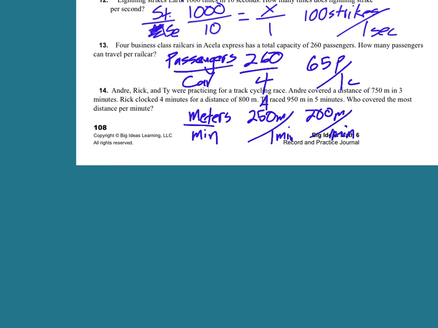That was Rick. And then we have Ty. Ty did, let's see, 950 and 5. So 950 divided by 5. He did 190 meters per 1 minute. And that was Ty. So who did the most per minute? Well, that would be Mr. Andre. He was a little bit faster than everybody. Well, quite a bit, actually, for meters.